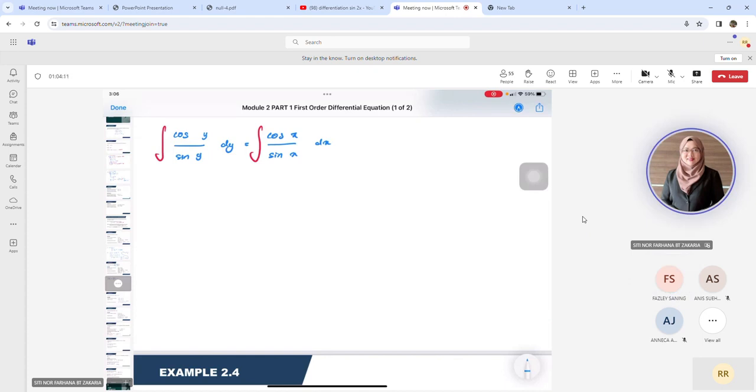How can we use ln? You have cos y and sin y here. Anyone? Who wants to help Fazli? How to integrate this one?